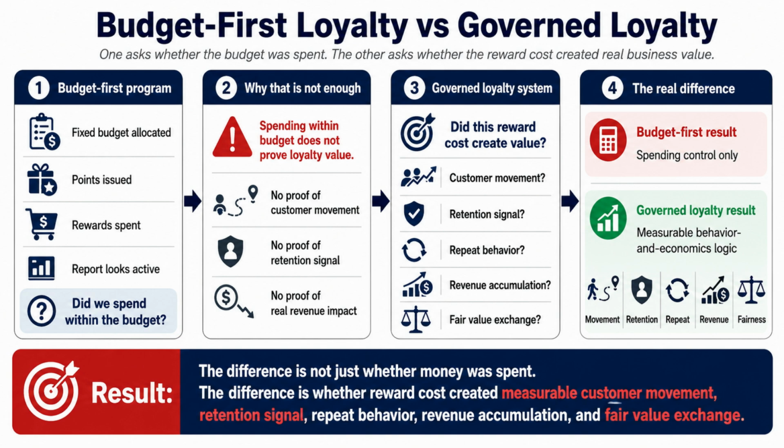A budget-first program asks, did we spend within the budget? A governed loyalty system asks, did this reward cost create measurable customer movement, retention signal, repeat behavior, revenue accumulation, and fair value exchange? That is the difference.